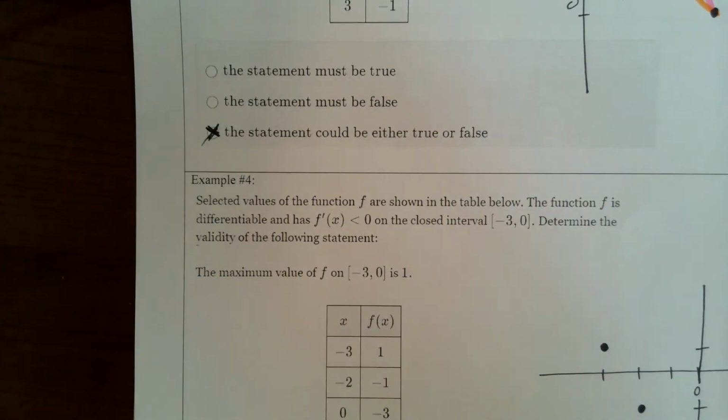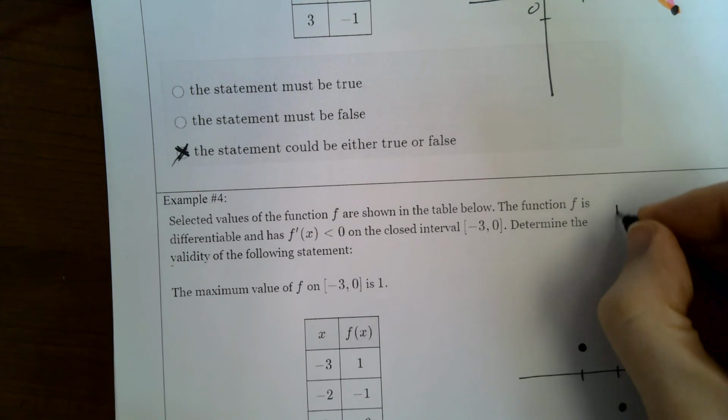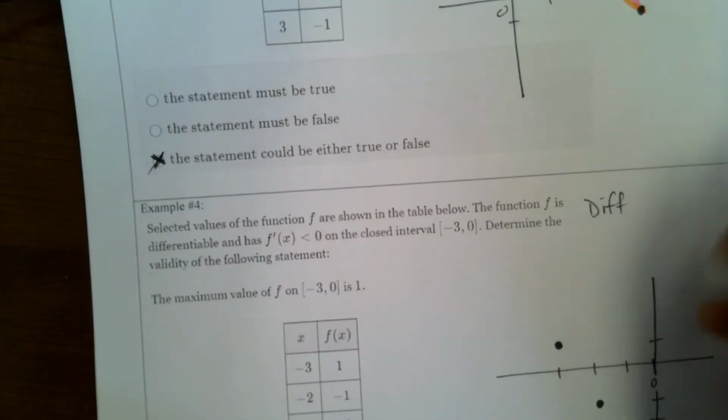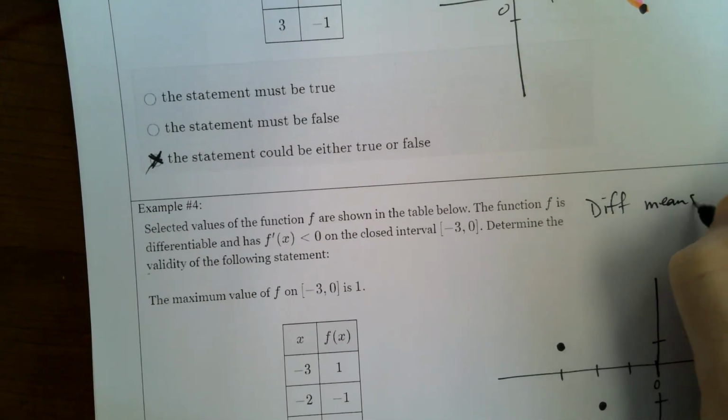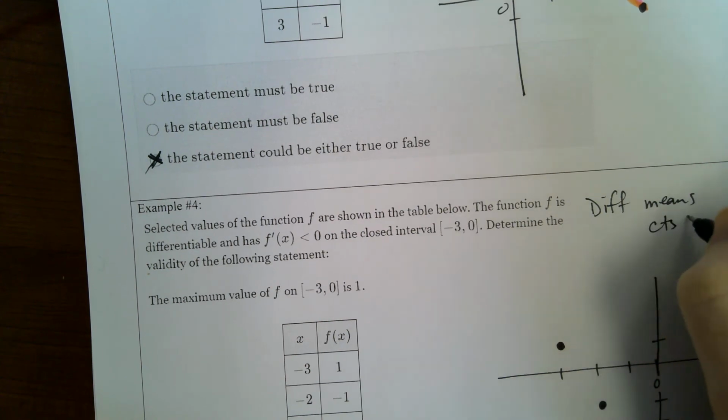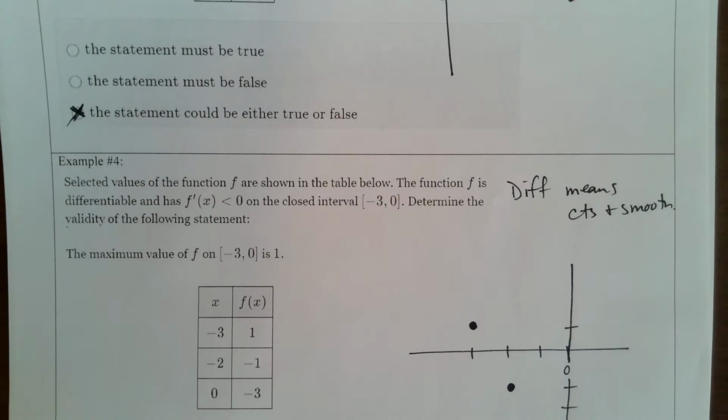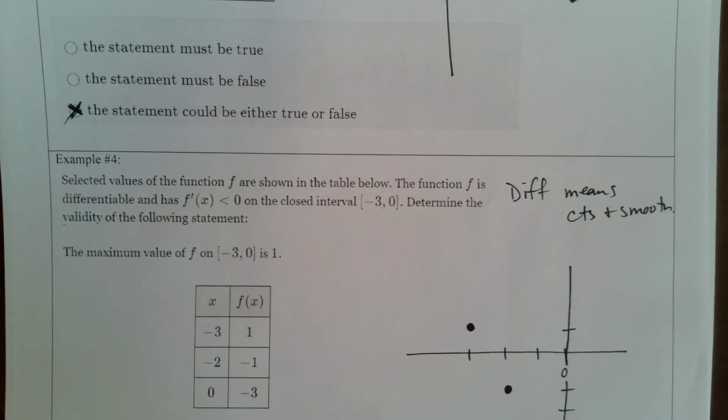A couple things to say here, guys. Differentiable means continuous and smooth. So if a function is continuous, then it's not necessarily differentiable, because just because it's continuous doesn't mean it's smooth. But if a function is differentiable, it's got to be continuous, because differentiable means continuous and smooth.